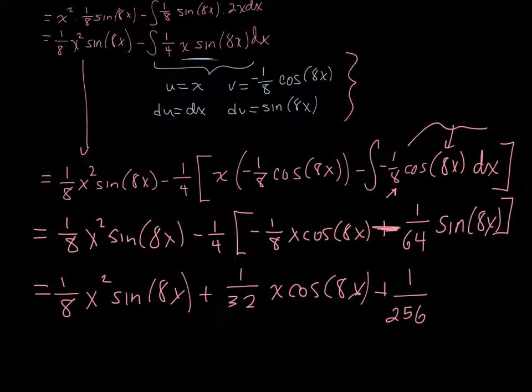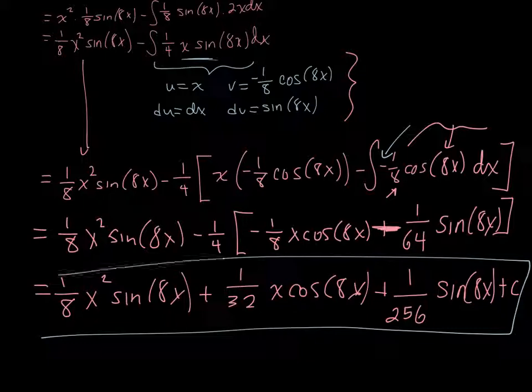Sorry, that was still a negative up there, and so a negative and a negative, sine of 8x plus c. Okay, because I somehow lost that negative sign right there. And that would be your final answer.